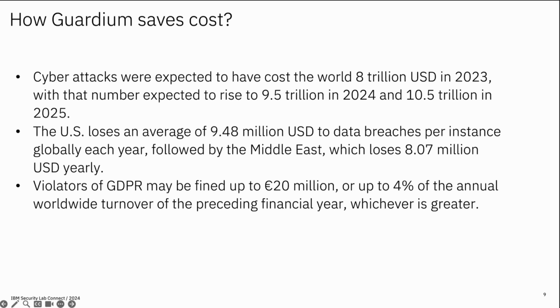Now, violators of GDPR may be fined up to 20 million euros or up to 4% of their annual worldwide turnover, whichever is higher. So if you're using Guardium, most likely all your compliance requirements are met, so you don't have to contribute to these dollar amounts that I mentioned here.